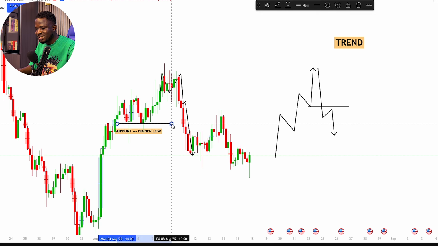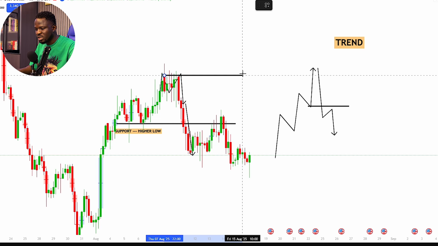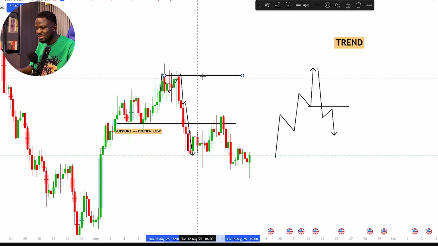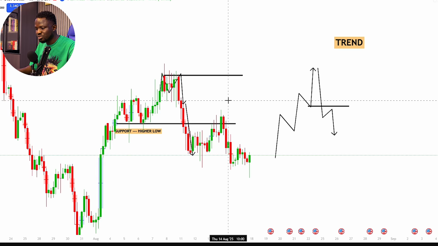And if we extend this swing support to the future, you can see that sellers invalidated it to the downside, right? So this place becomes the protected high that buyers must not invalidate, because we are now back in a downtrend.